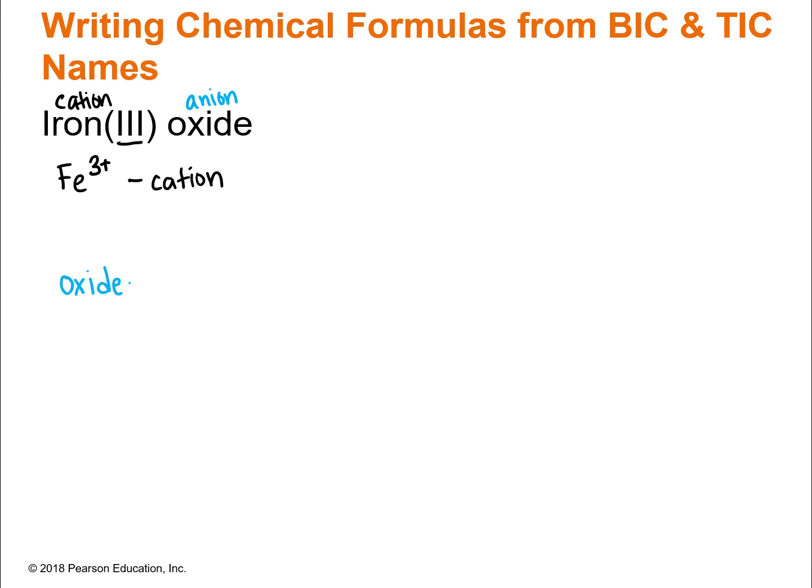So we have oxide. From what we know about naming, that first part before the IDE tells us we're looking at oxygen. So ox can only come from one thing. And the nonmetals that we have are pretty few. So you can figure it out.